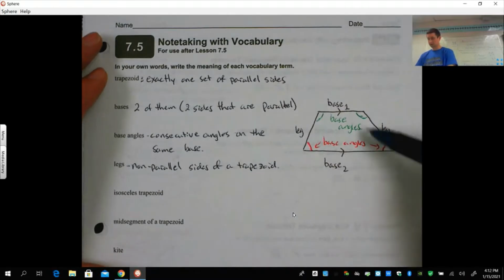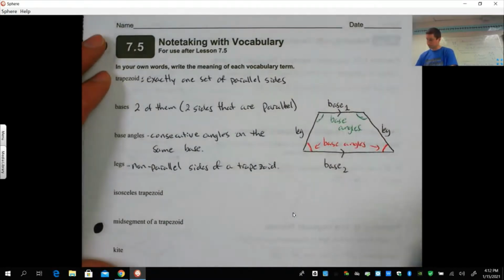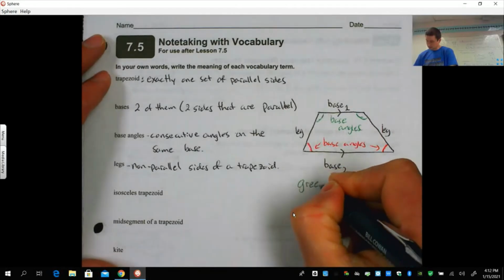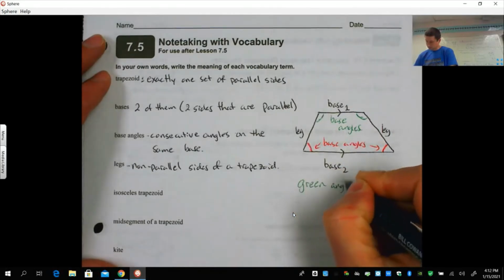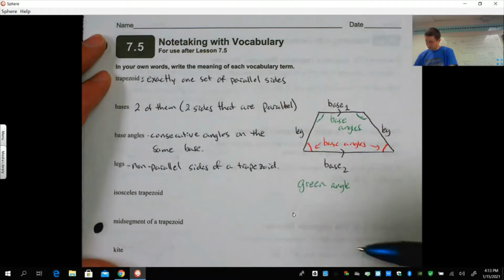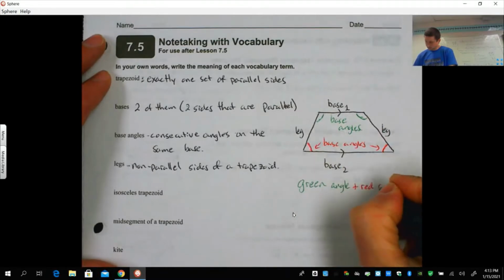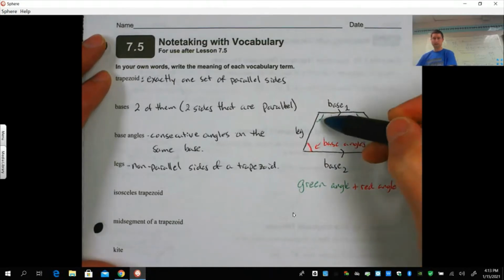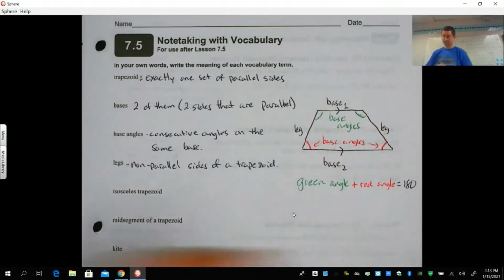Okay? So base angles on top, those would be referred to as another base angle. And if you take a green angle and you add a red angle, that should equal 180. Okay, so like a top and a bottom, that should add up to 180.